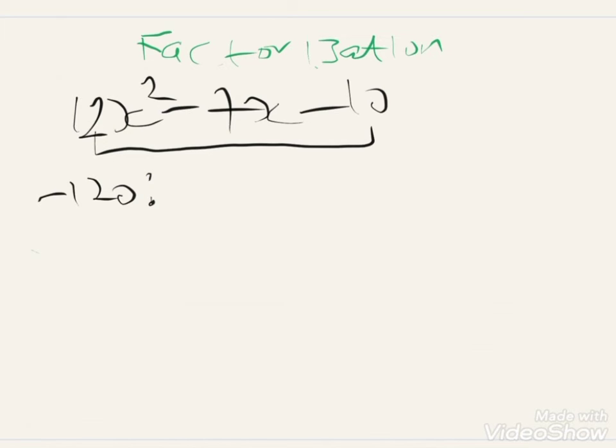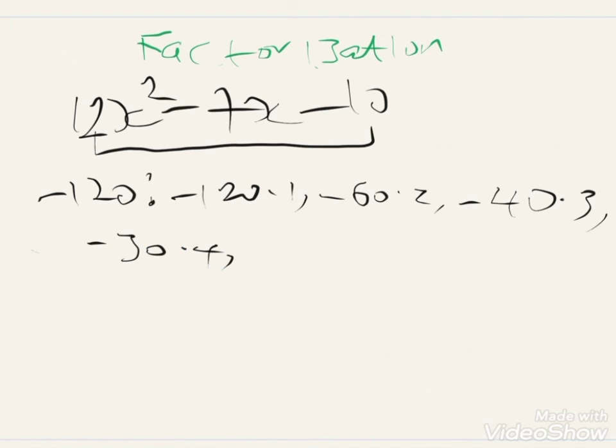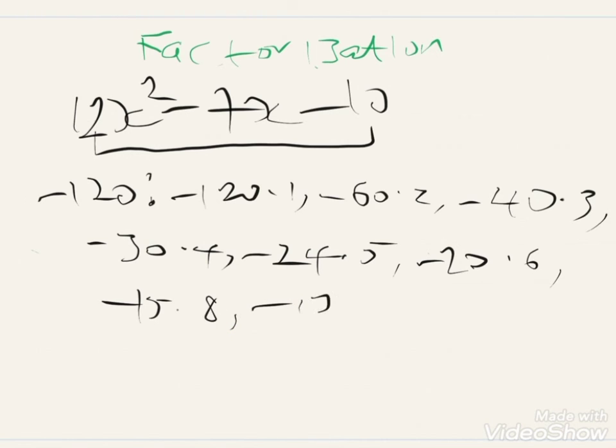The pairs of factors of minus 120 are minus 120 times 1, minus 60 times 2, minus 40 times 3, minus 30 times 4, minus 24 times 5, minus 20 times 6, minus 15 times 8, and finally minus 12 times 10.